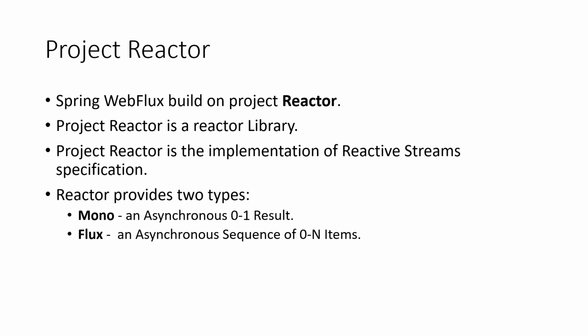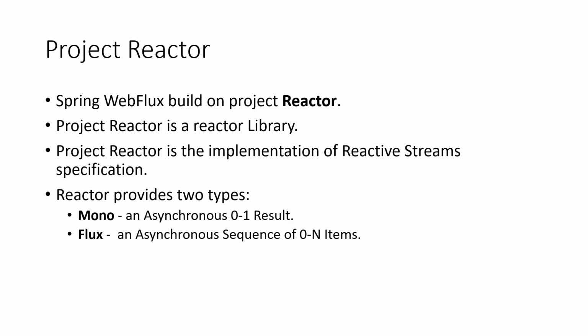You can see in the name itself, Mono means 0 to 1, so it will process either 0 or 1. Flux is an asynchronous sequence of 0 to n items, meaning a list of items, whereas Mono is only one object. Flux will process a list of objects.